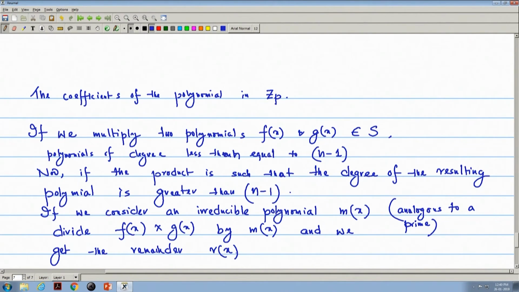See, then I want these remainder polynomials to be in the set S. So, that means the degree of the polynomial R x must be less than equal to n minus 1.